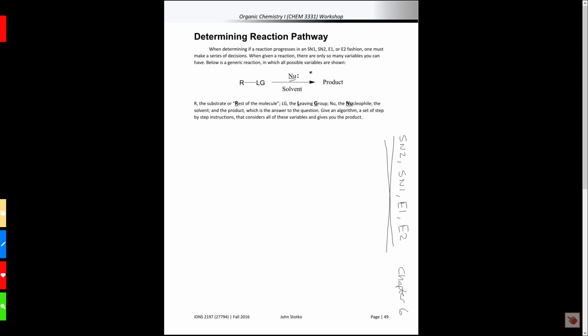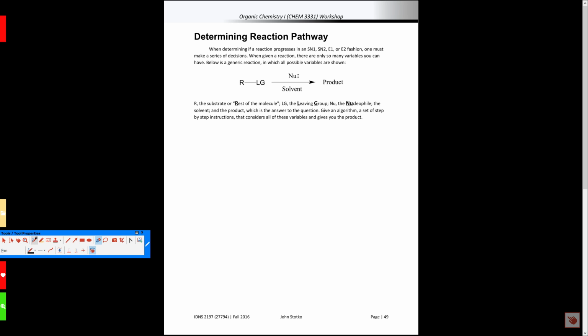There are certain nucleophiles that prefer SN1 rather than SN2, and certain solvents that prohibit SN1 and SN2 and so on. So what I would like to do with this worksheet is make an algorithm, a step-by-step set of instructions that you could follow to get yourself to an answer.